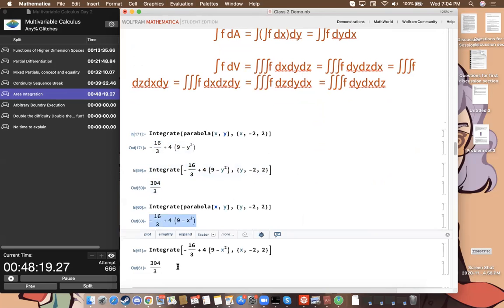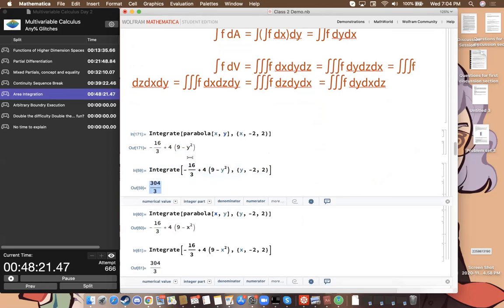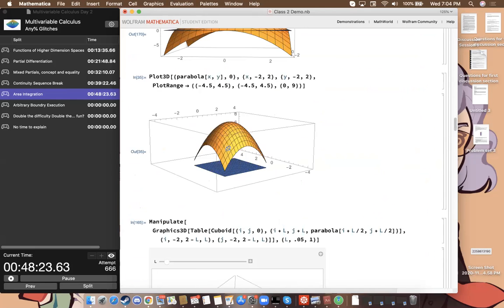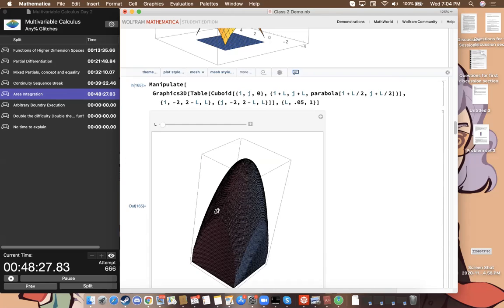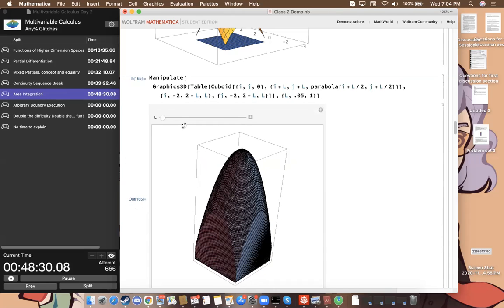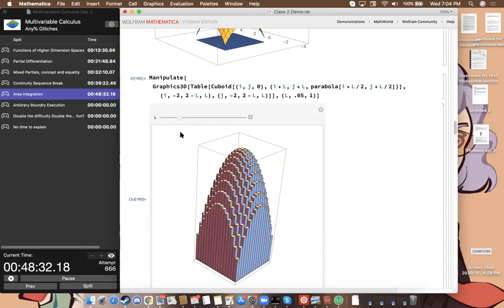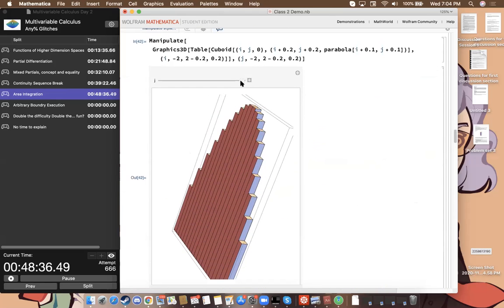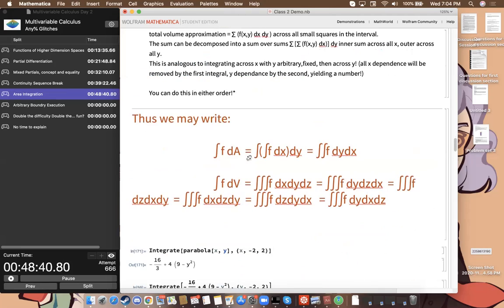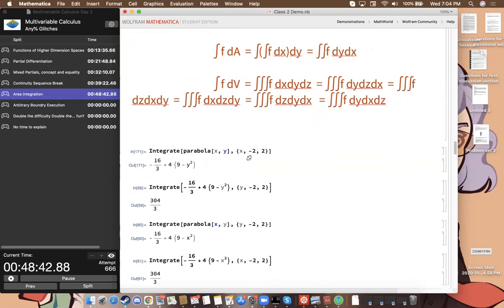And you can see if we do it in the other order, we get the same answer. And that, in fact, is the volume of this, which is also equivalent to the volume of this thing as I make my squares arbitrarily small for rectangular prisms. And that's also the sum of the volumes of each of these cuts. That's all the same idea of what it means to take a volume integral.